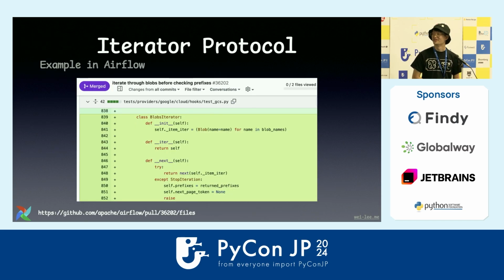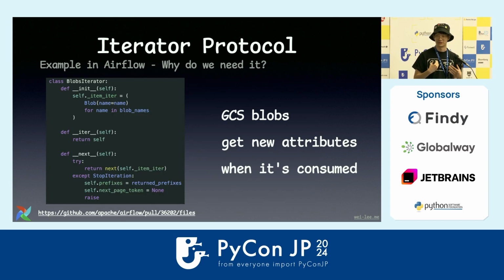And yeah, this is used in Airflow, and why do we actually use it? Because we want to mark a special case where GCS blobs get new attributes when it's consumed. Before this operator is consumed, you won't be able to get the prefix or the next page token in this object.